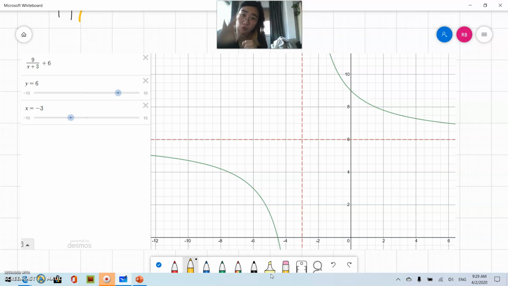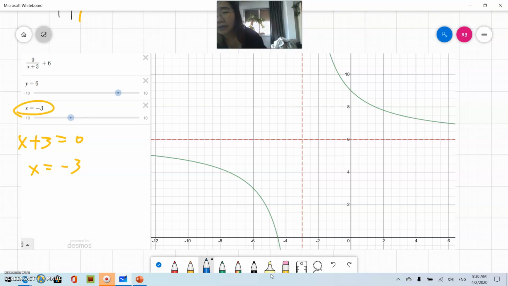So 9 stretches my graph by 9, so every value from the parent function got multiplied by 9. X plus 3, well, that means the graph shifted left by 3. So that means my vertical asymptote is x equals negative 3. And that 6 tells me that it shifted up by 6.